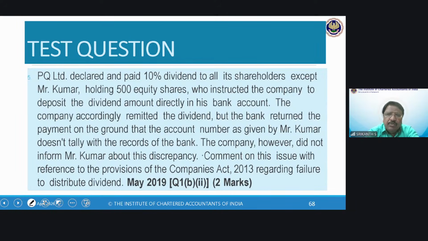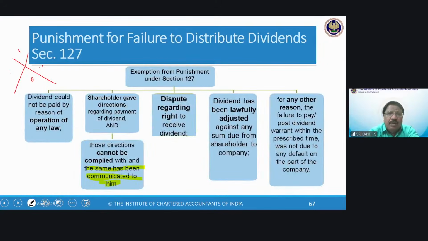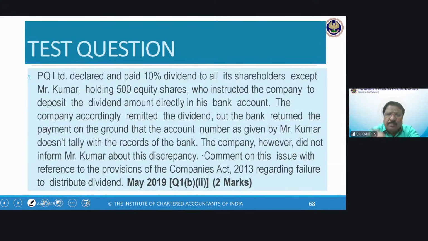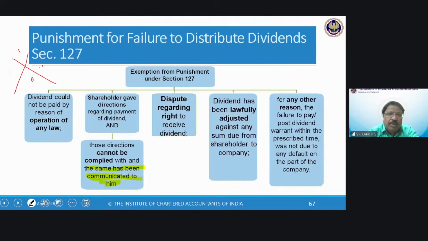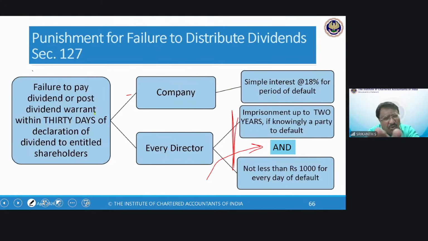So what you need to do: a company shall pay dividend which is declared within 30 days from the date of declaration. If you don't know section 127, no problem. Failure to pay the dividend would result in imprisonment and fine.